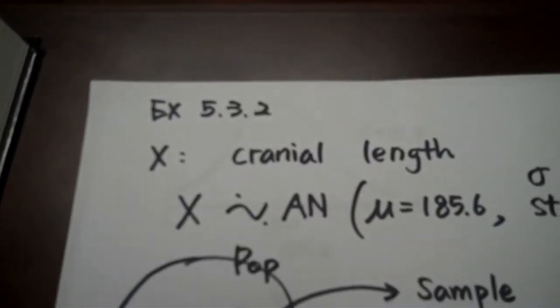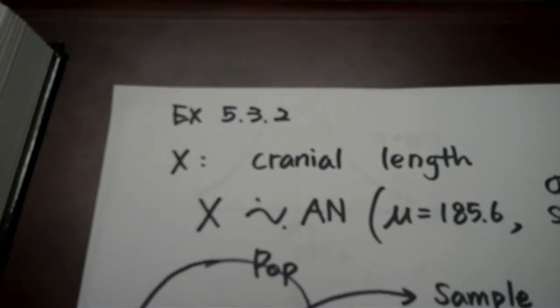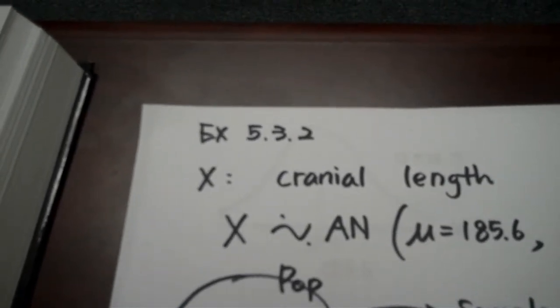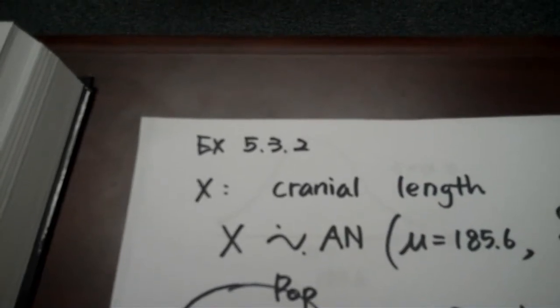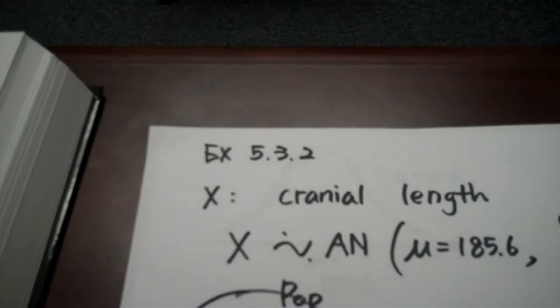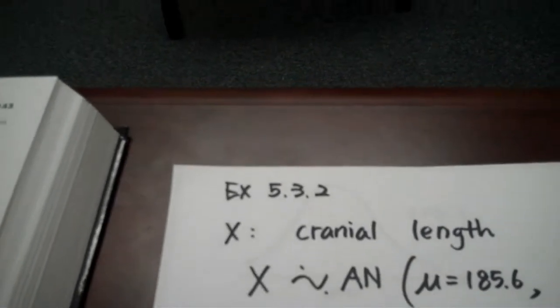Okay, example 5.3.2 is asking: what is the probability that a random sample of size 10 from the population will have a mean greater than 190?